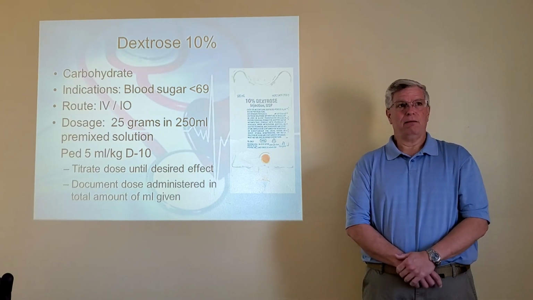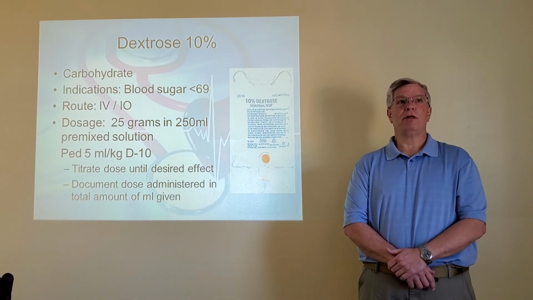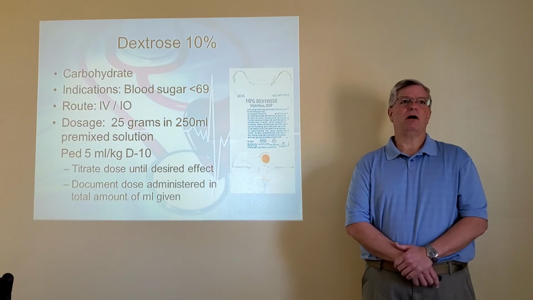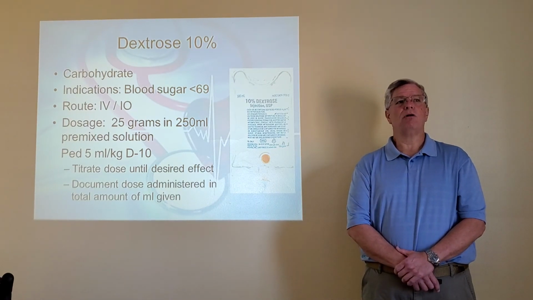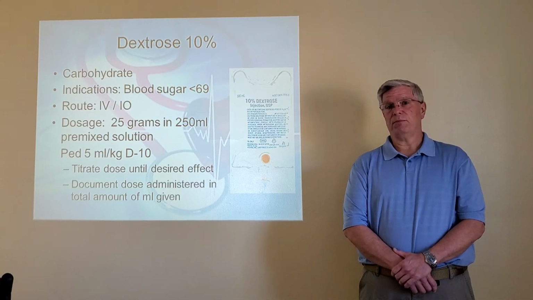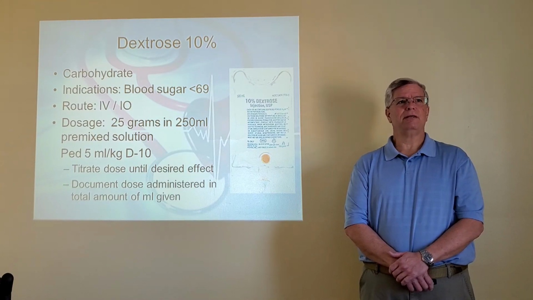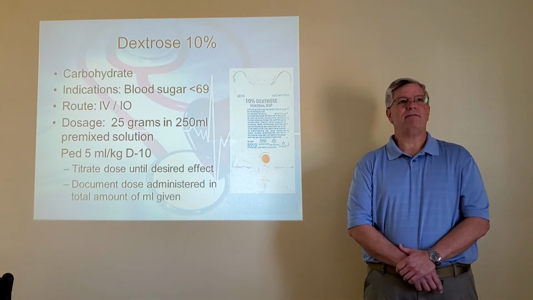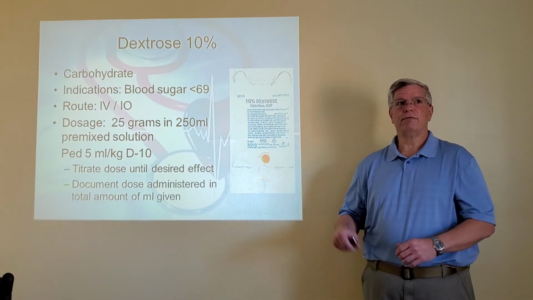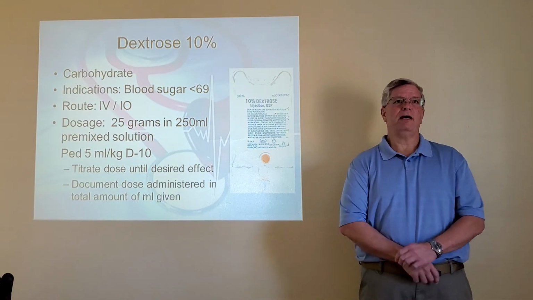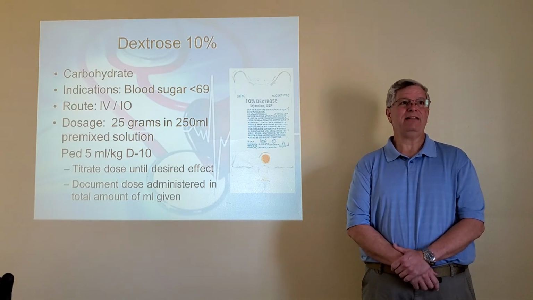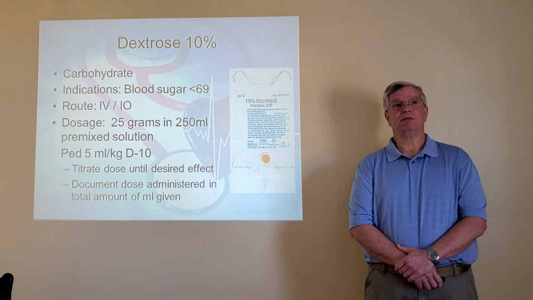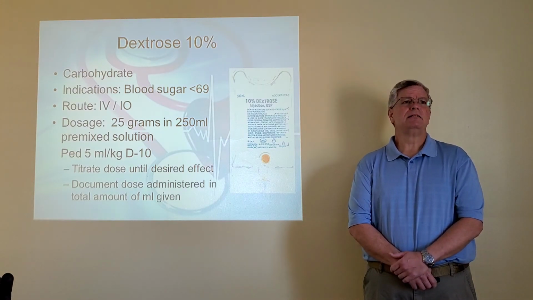Ask the family what their normal blood sugar is. But normally patients 69 or lower, or the meter reading low. So, and there is 25 grams of dextrose in the D10 in there. Titrate to the desired effect.